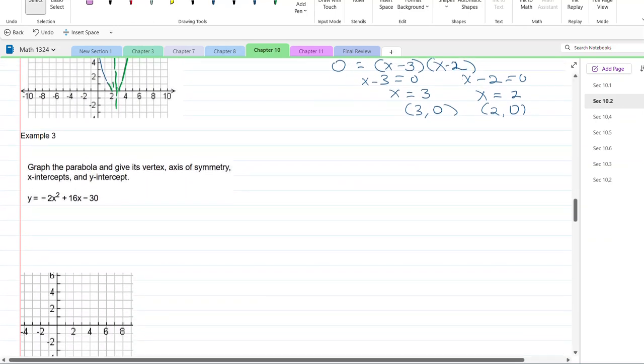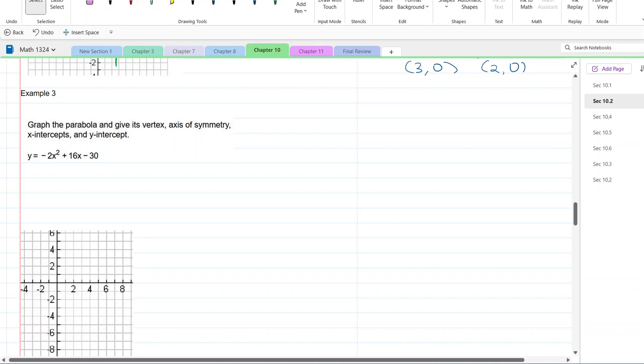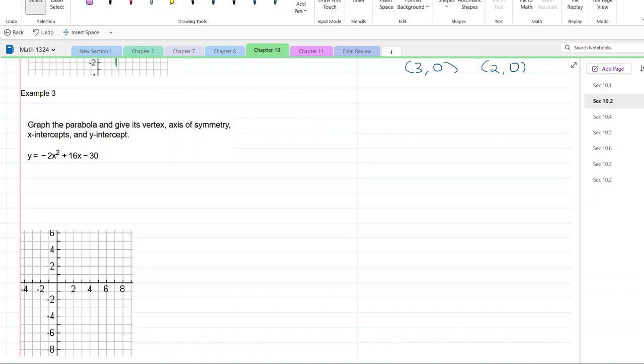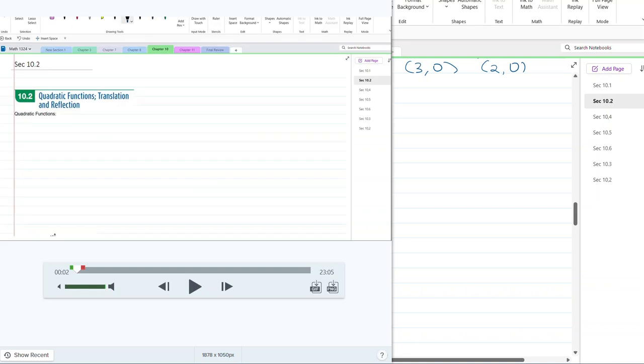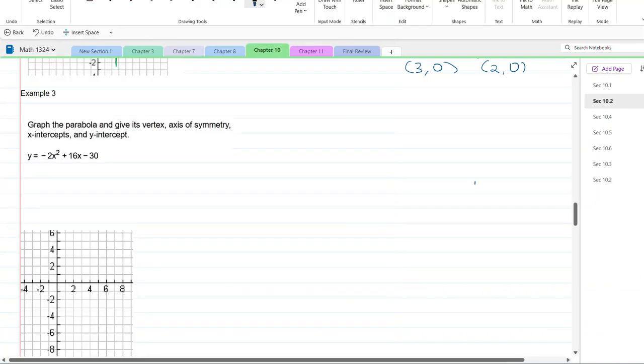Okay. Now we're going to do this one. It says graph the parabola and give the vertex, the axis of symmetry, and the intercepts. So here we go. Okay, my A is -2, so we know we have a flip.